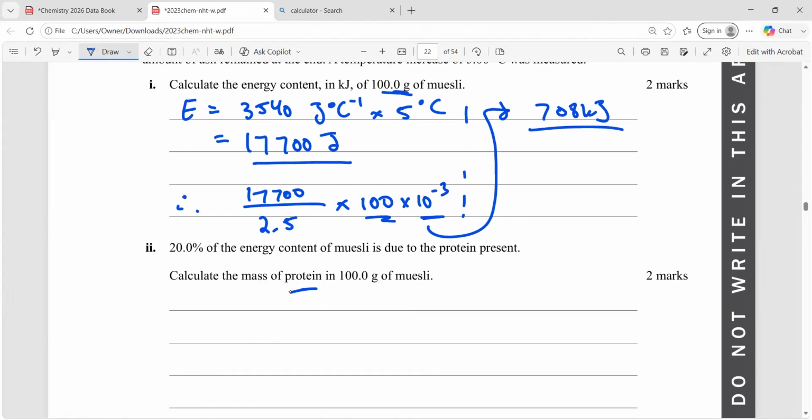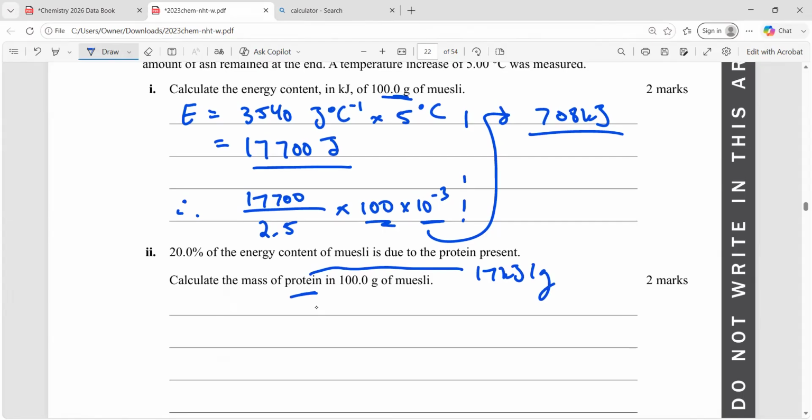So protein, if you guys look at the data book, I think carbohydrates is 16, protein is 17 kilojoules per gram. So 20% of the energy content of the muesli is due to the protein. Calculate the mass of protein in 100 grams of muesli. So we would just do energy protein, the energy that's actually delivered by the protein. It'll just be 20%, so 0.2 times 708. I wonder if they give consequential marks for this because it's a bit tough.